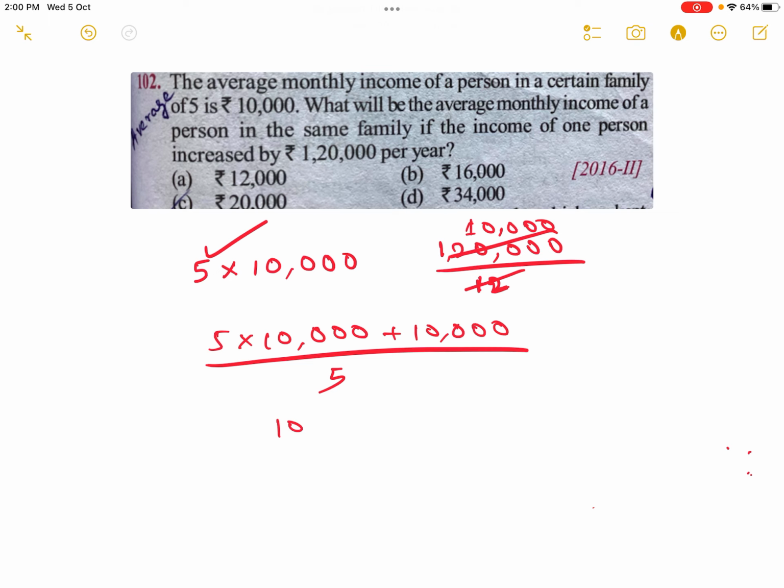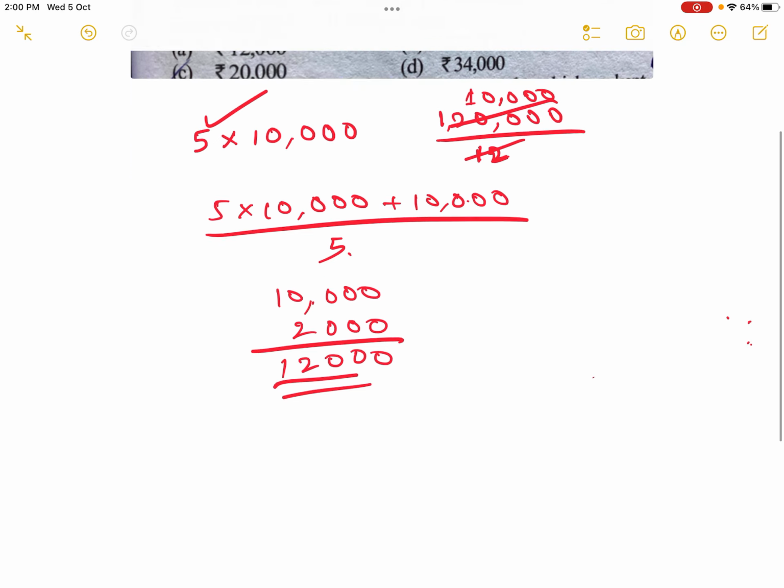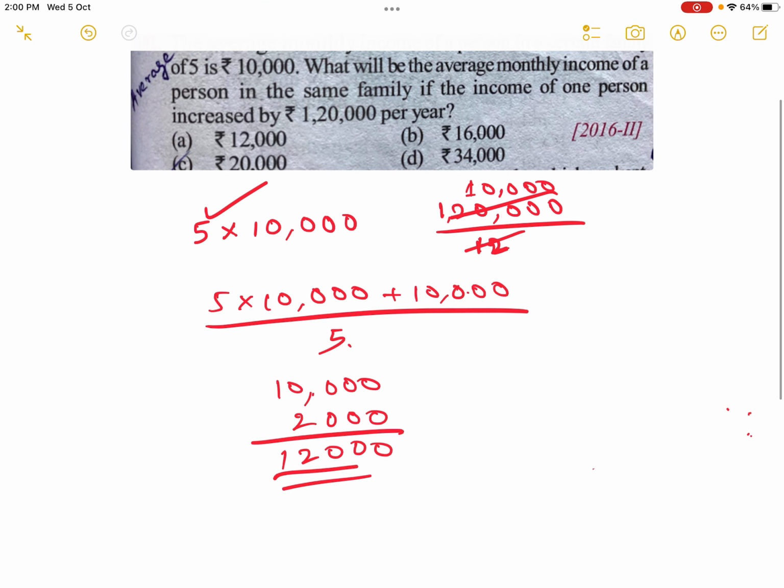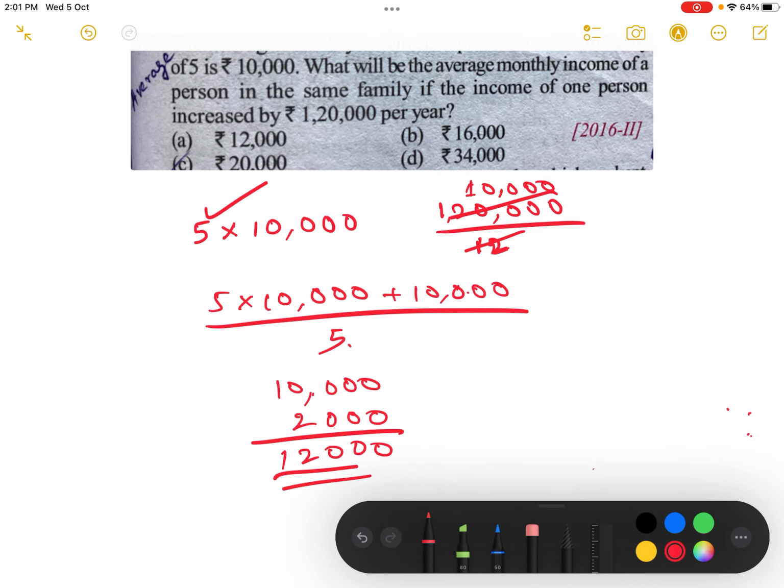That should be 12,000. So A is the answer. Short and sweet, and also easy.